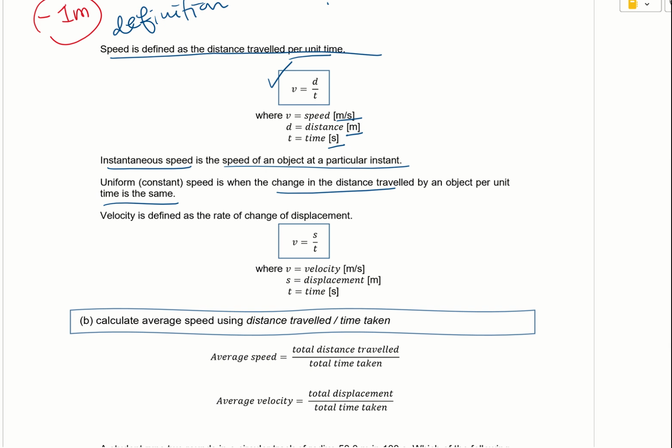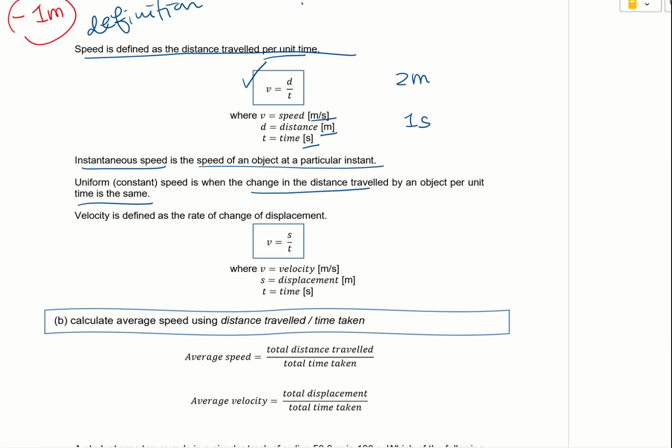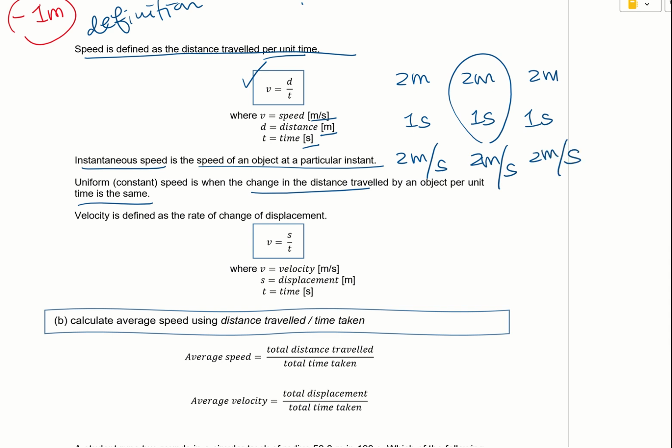So for example, if an object moved 2 meters in 1 second, and if I want it to continue in this constant speed of 2 meters per second, right, for the next second, he also must travel 2 meters, and so on and so forth, right? Therefore, then I can get the constant speed of 2 meters per second. So speed is actually a scalar, okay, because it is using distance.